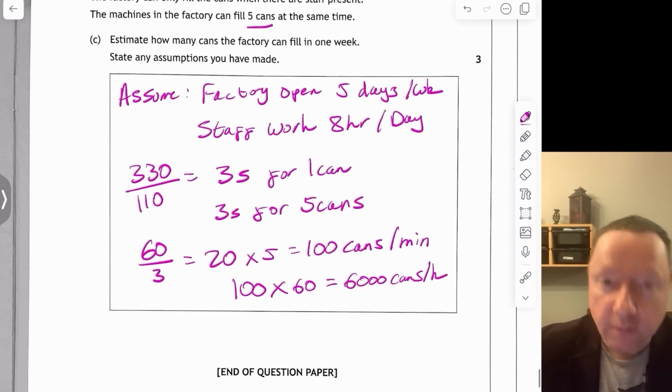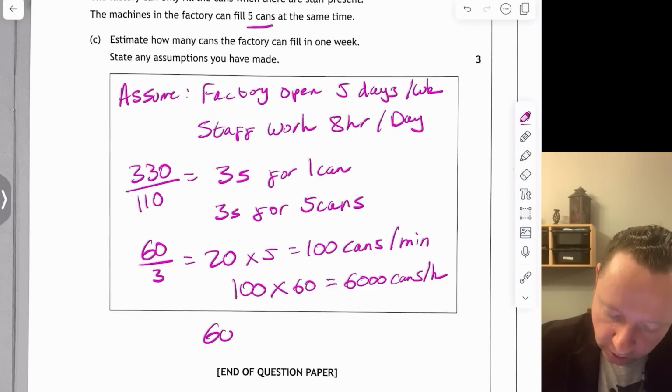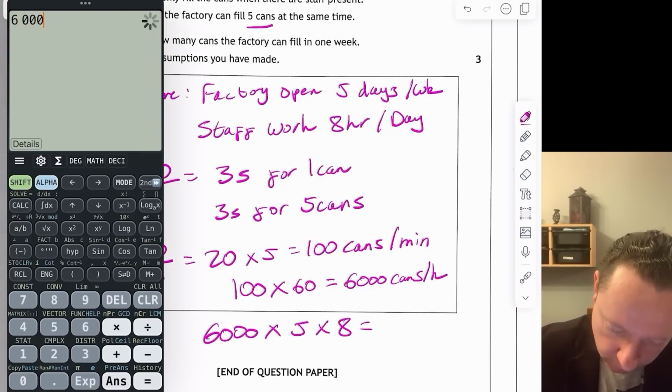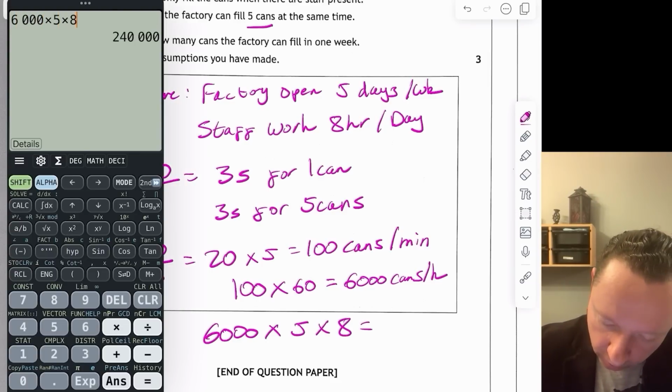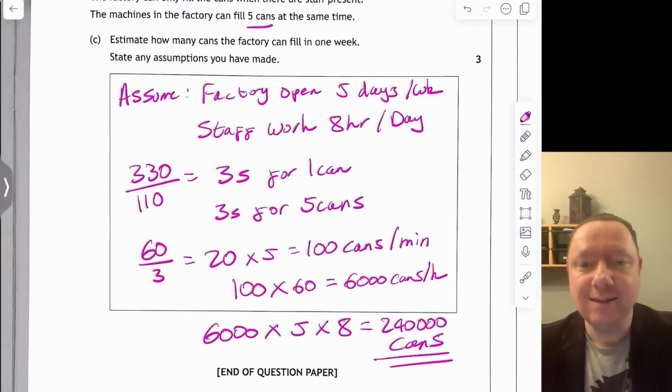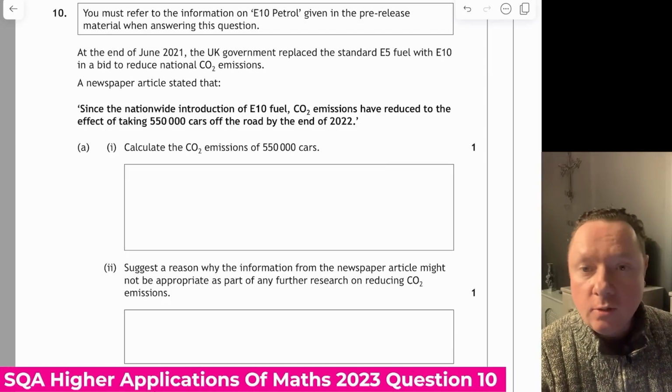So now we just times everything together. 6,000 times 5 days a week times 8 hours a day is 240,000 cans. And we're done there.